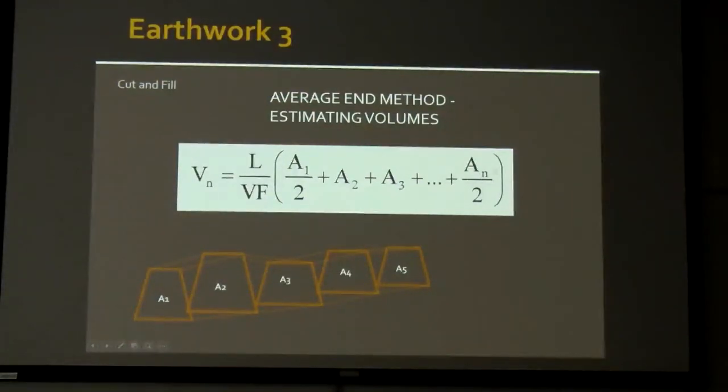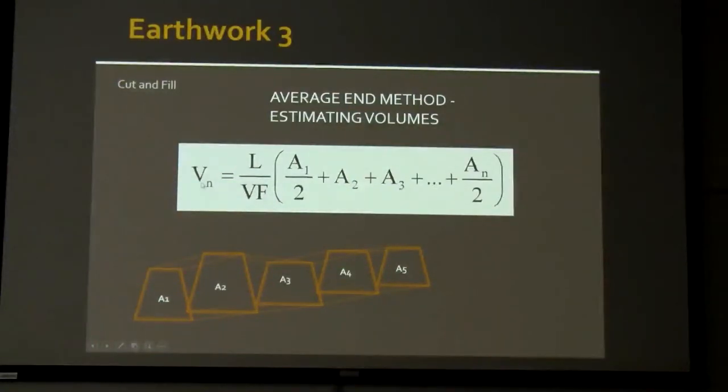As the n represents, depending on how many cross-sectional areas you have, you can use this formula ad nauseum. If we went up to A8, it would be A5 plus A6 plus A7 plus A8 over 2. So whichever is the nth cross-sectional area would be divided by 2. The beginning cross-sectional area would be divided by 2. The rest of them would just be the areas of the cross-sections themselves.